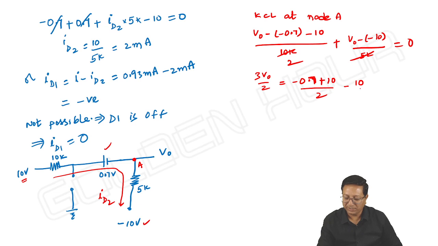Here it is 9.3 minus 20, it is 11.7 by 2. Straight away I am writing. So what is V output? It is 11.7 by 3. If you calculate it, it is found to be some 3 point something. No, it is a negative sign.